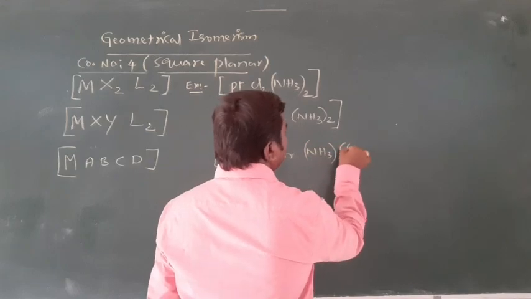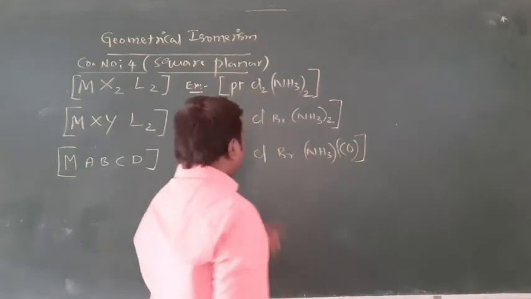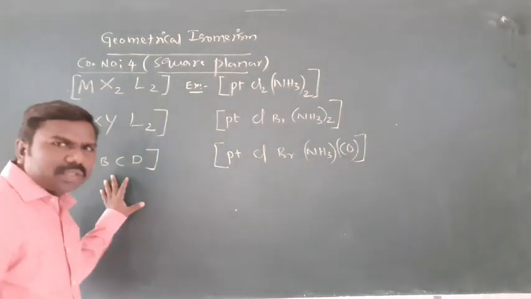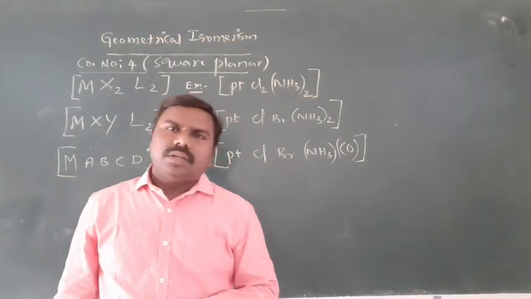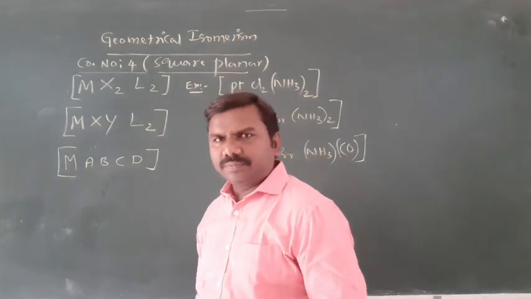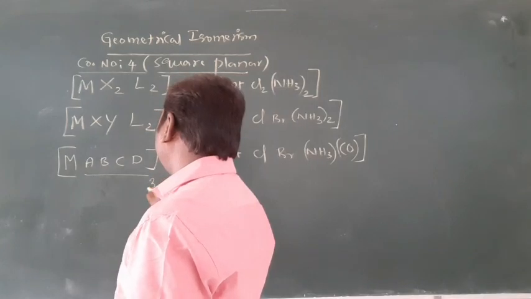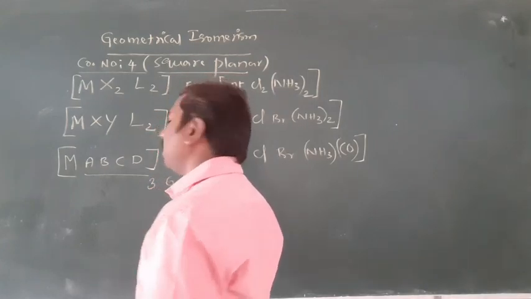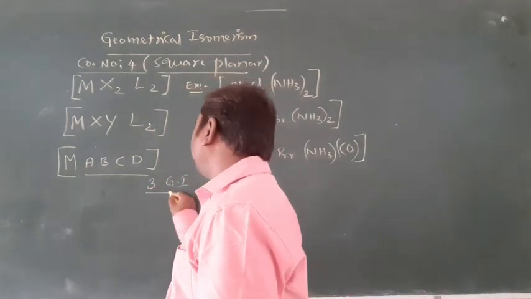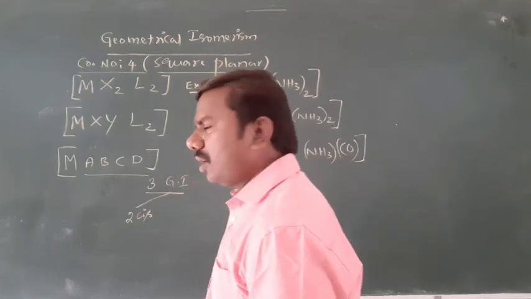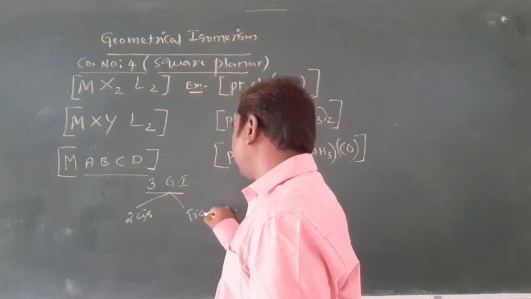So it can also show geometrical isomerism. Here it can show totally 3 geometrical isomers. Among them 2 are cis and 1 is trans.